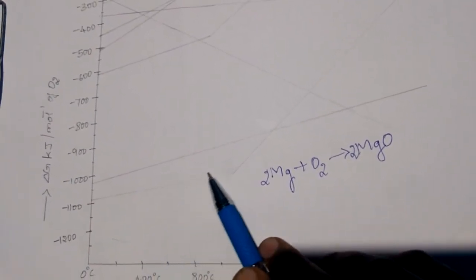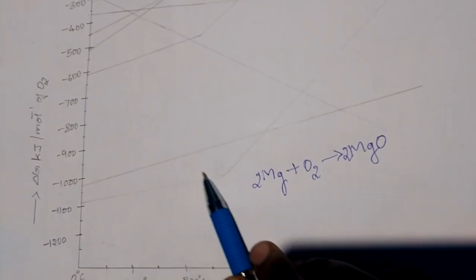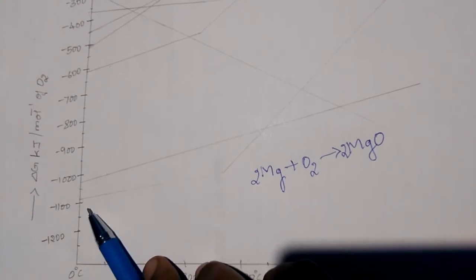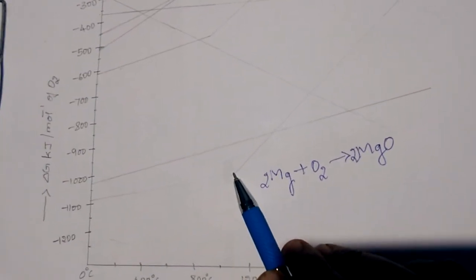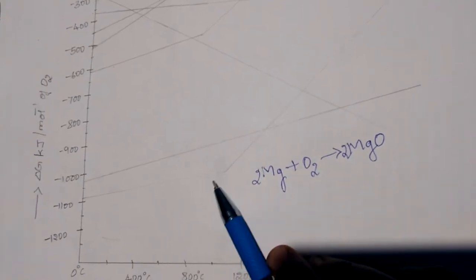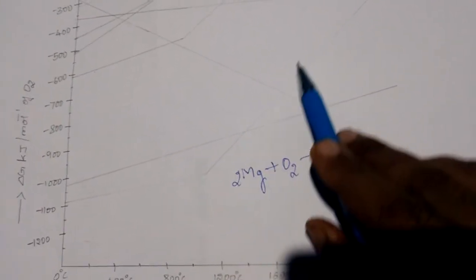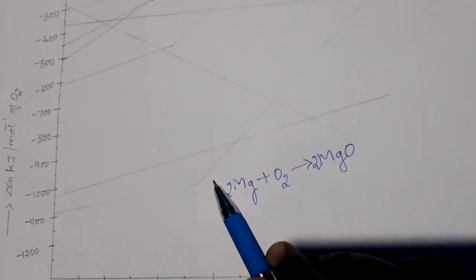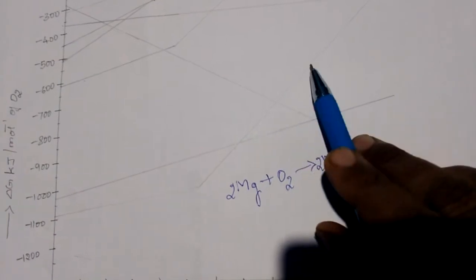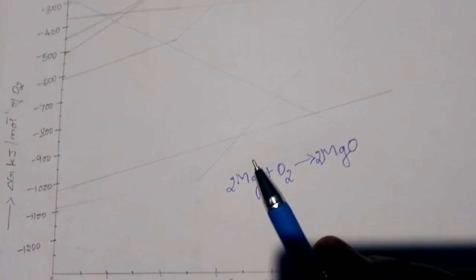As the temperature is increasing, the delta G values move towards the lower values, meaning the negative delta G values go on decreasing as the temperature is increasing. It reaches some value, then there is a steep increase in the graph, meaning a very sudden decrease in the magnitude of delta G because the metal has reached its melting point.